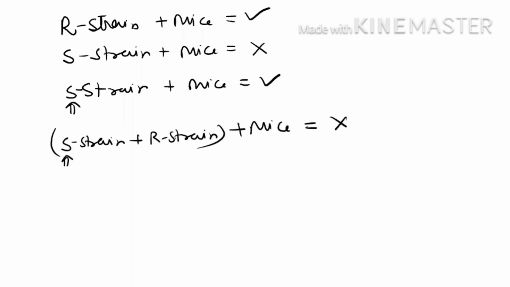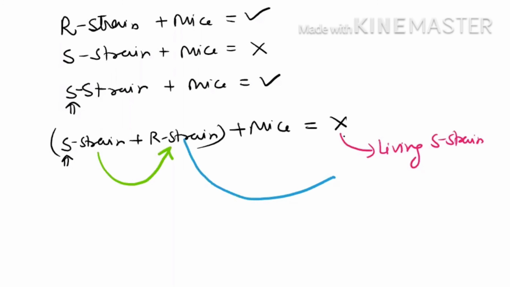Inside these mice, he observed living S strain. So he explained his concept by saying that something is released from heat-killed S which enters into R, and as a result, R is transformed into S.